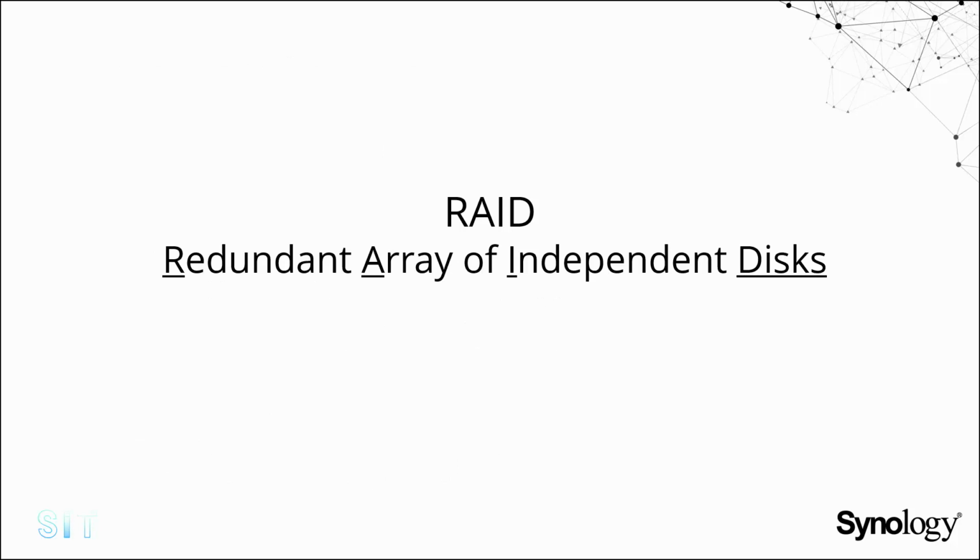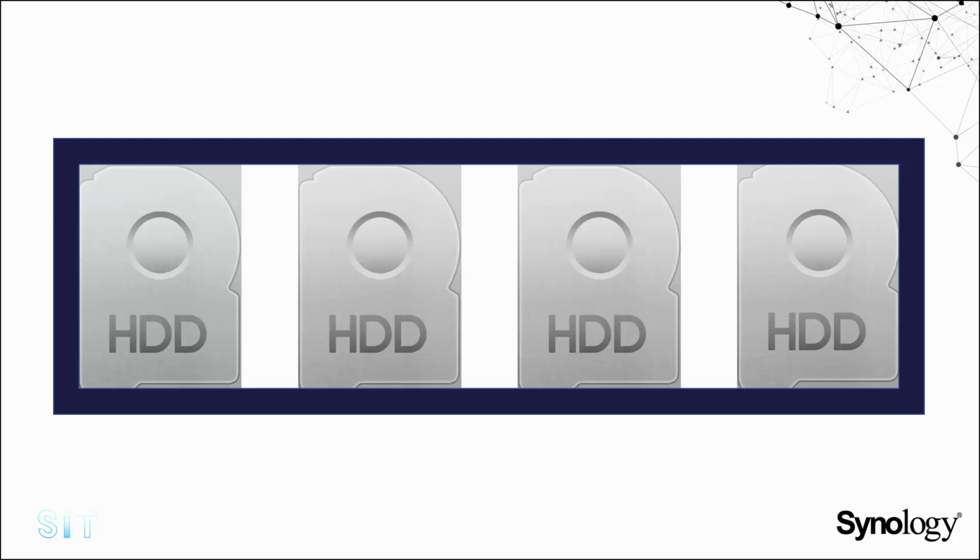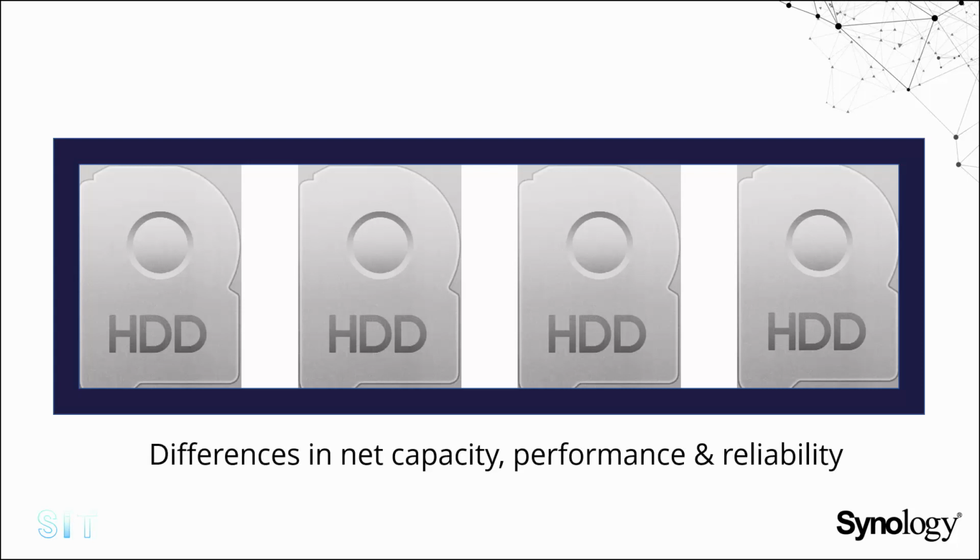When talking about a hard disk array, we usually refer to it as a RAID. RAID is the abbreviation for redundant array of independent disks. Simply said, in a classic RAID, the hard disks work together in a group and offer us, depending on the type of RAID, more storage space, performance, or increased reliability of hard disks.